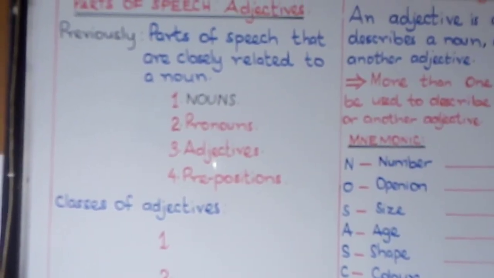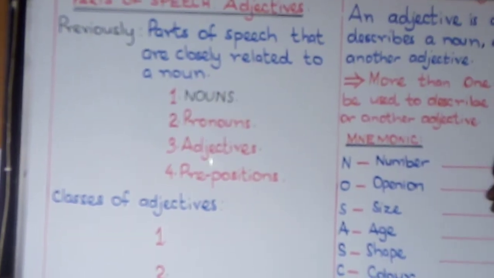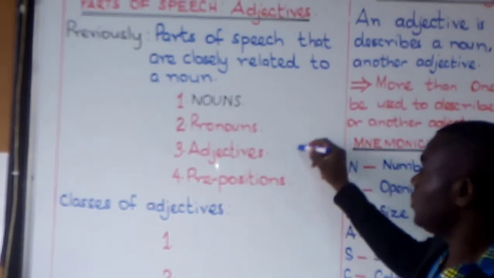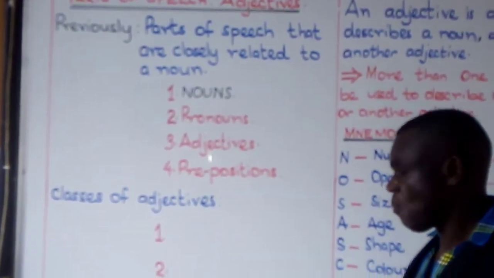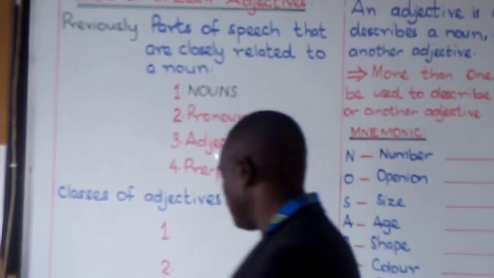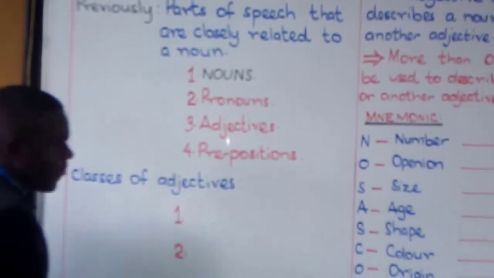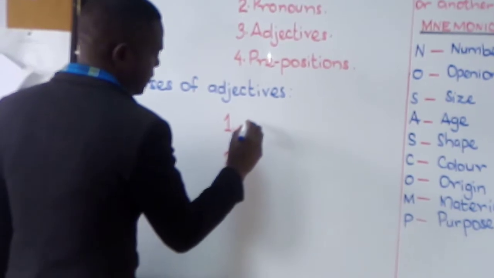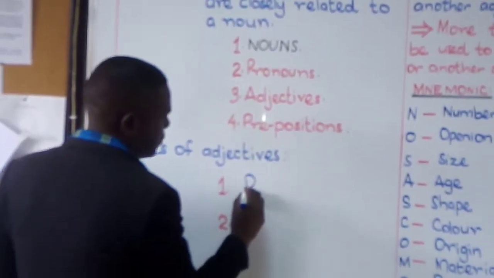And so last time we talked about classes of adjectives. Remember, an adjective is also closely related to a noun. And we talked about positive adjectives.